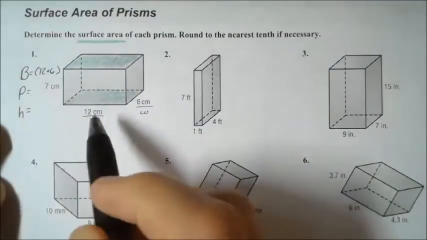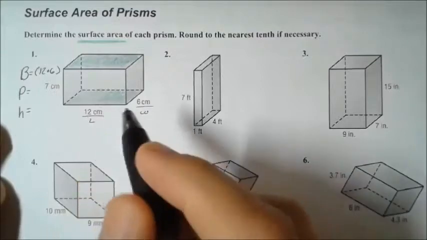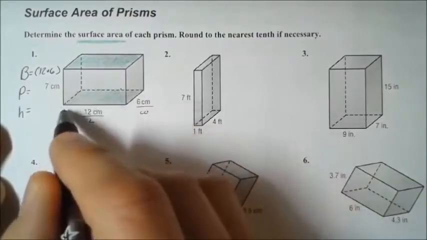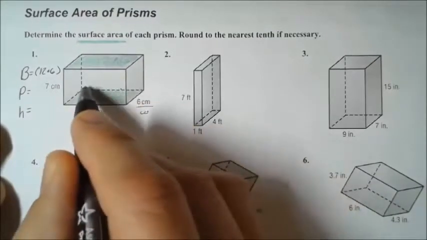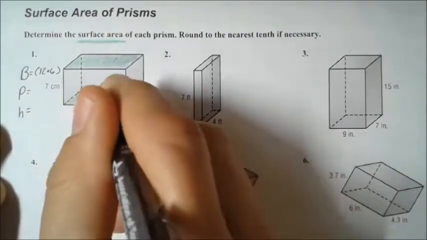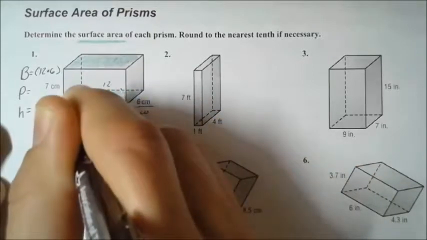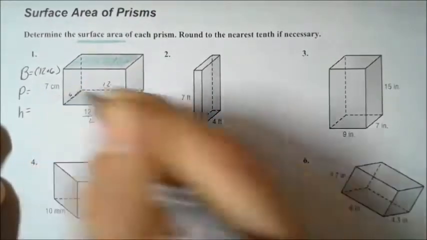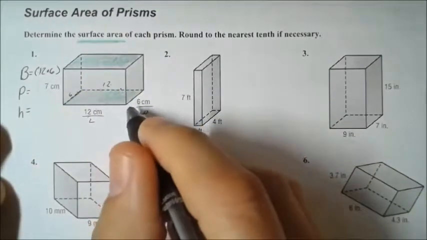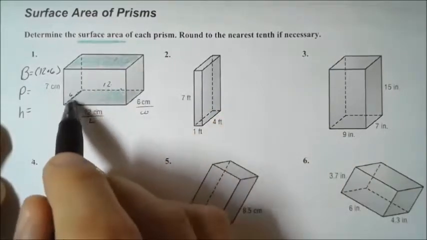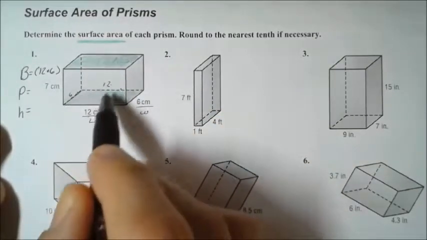Now I need the perimeter. Well, the perimeter is going to be all 4 sides. Imagine that you walked around this rectangle. There's a 12 over here, so this is 12 over here. And if this 6 is over here, then this bottom one right here is 6 as well. So the perimeter is going to be 6 plus 6 plus 12 plus 12.